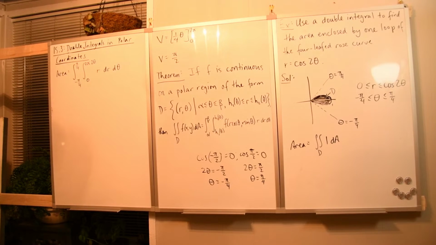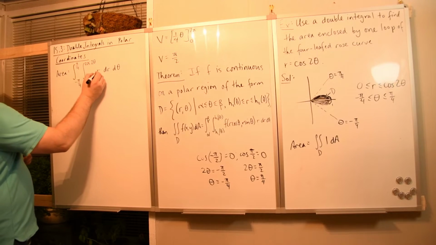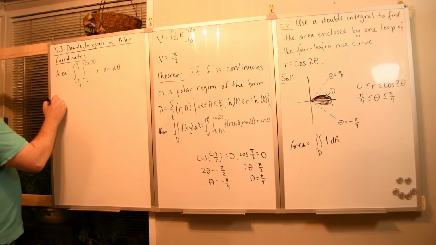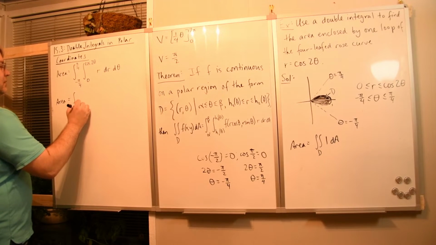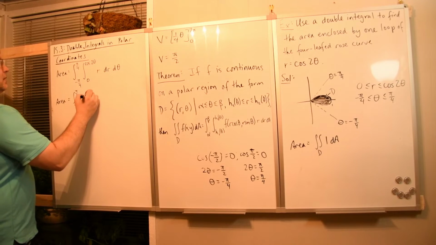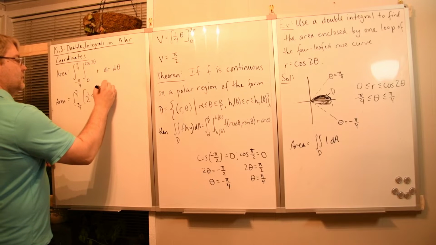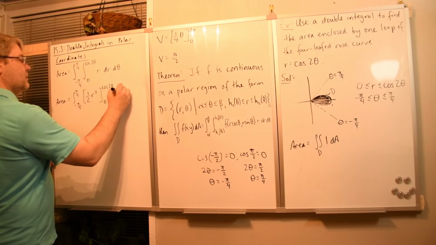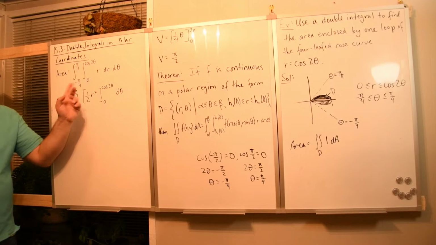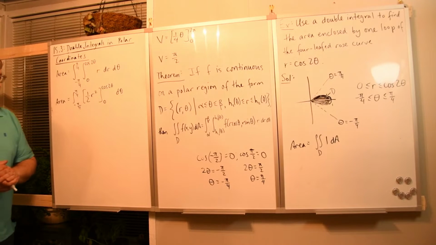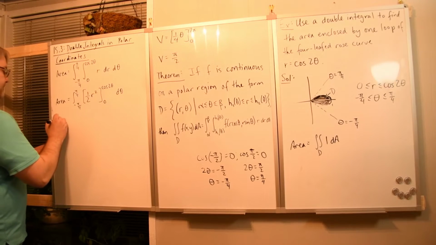Okay. So, when you go to integrate r, you're going to get a half r squared. We plug in cosine of 2 theta for r, we subtract what we get when we plug in 0 for r. But keep in mind, plugging in 0 for r, it's just going to give us 0.